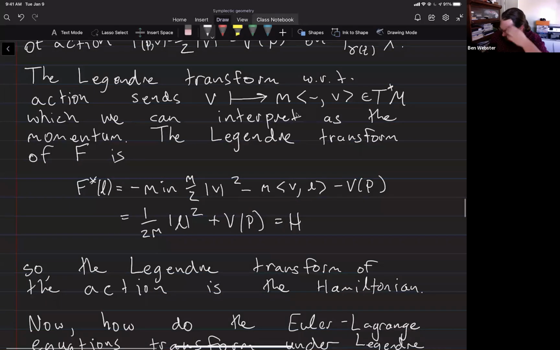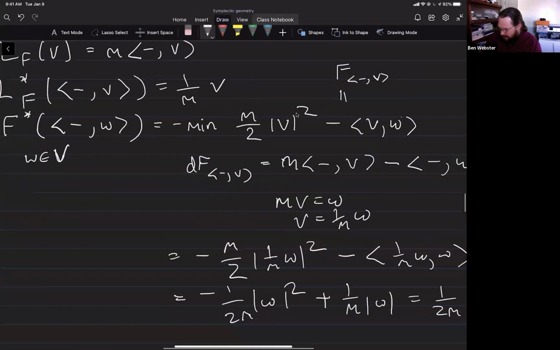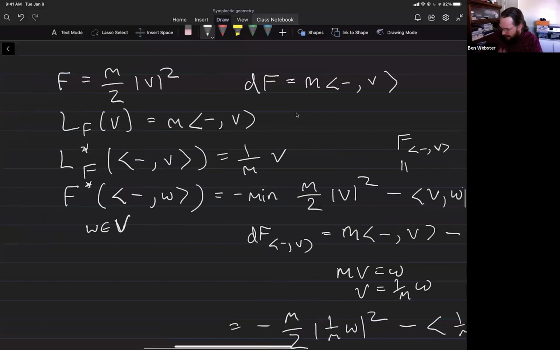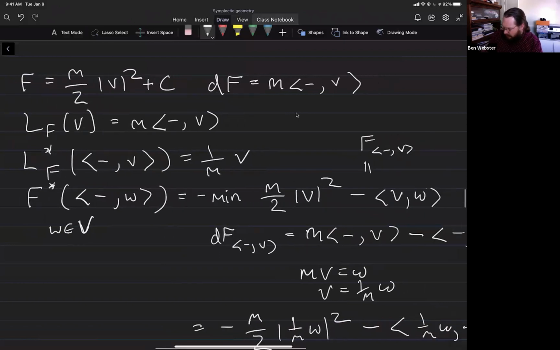Okay, so this is all just to explain why I have that 1 over 2m down there at the bottom. But since the potential energy is just a constant, if I had thrown in a constant C with F, then where would anything have changed?